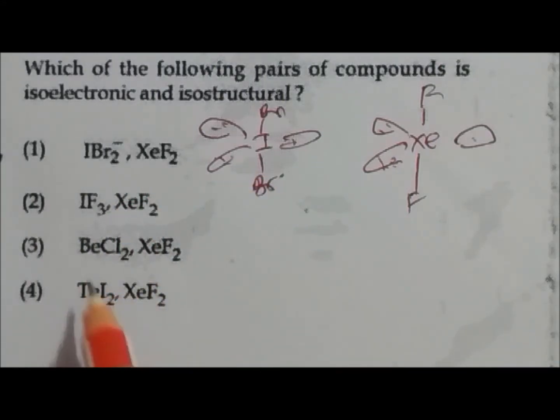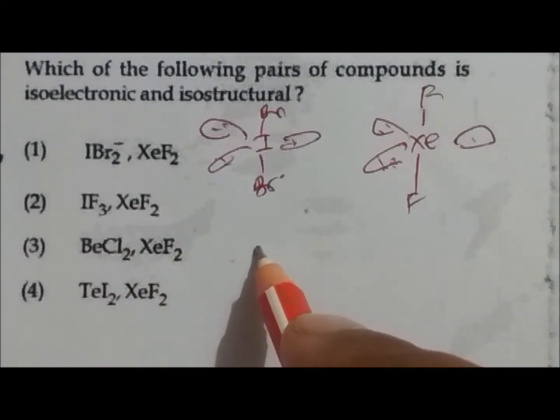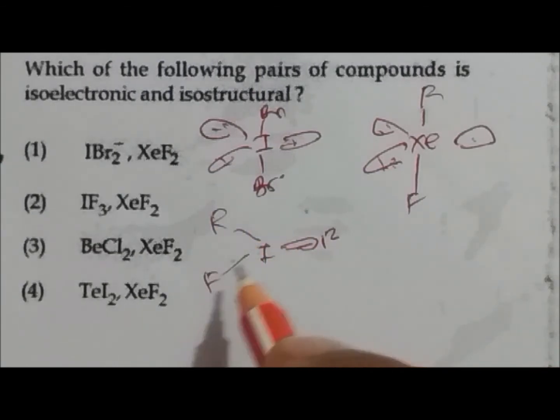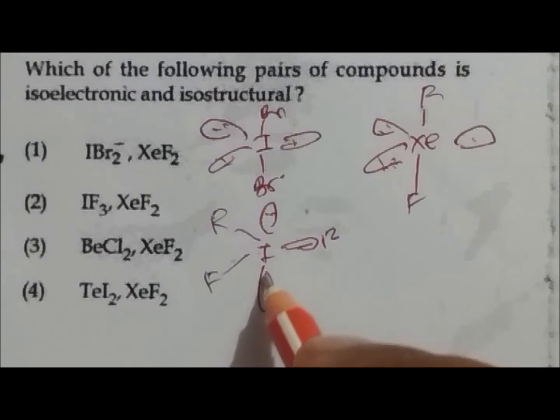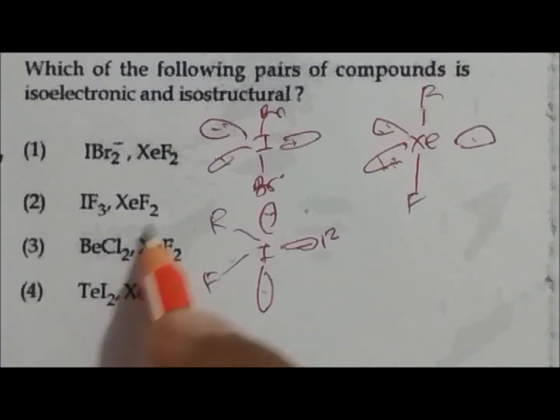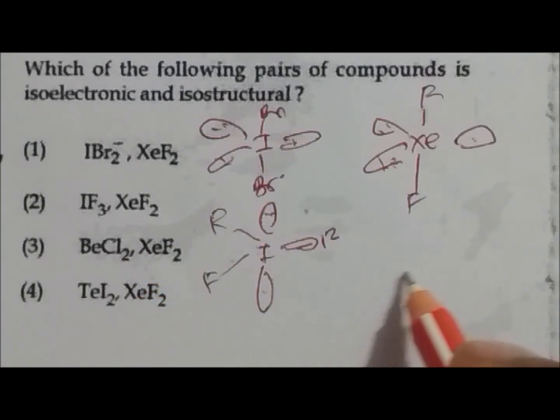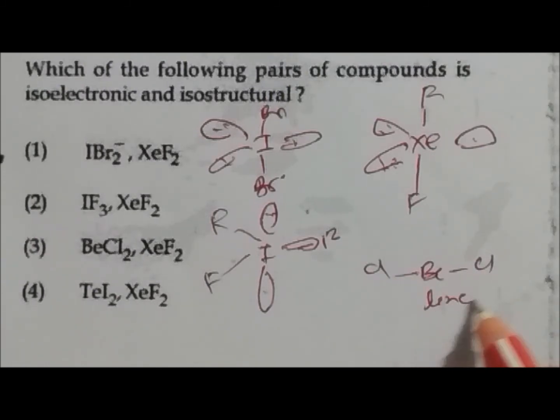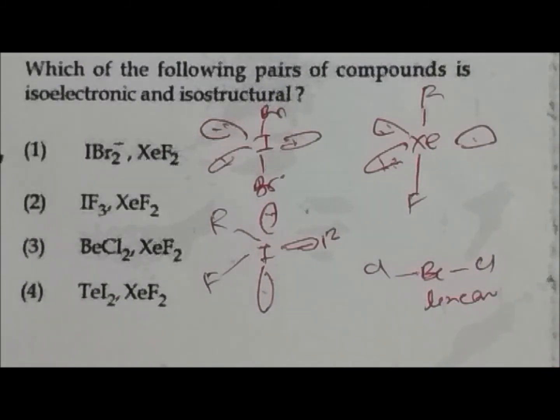In case of IF3, if you draw the structure, this is the I and these are the fluorines in the equatorial plane, with lone pairs. The xenon fluoride we have already drawn. BeCl2 is like this, so its structure will be linear. This is a planar structure. Next is I3-.